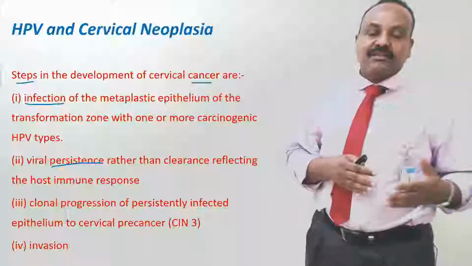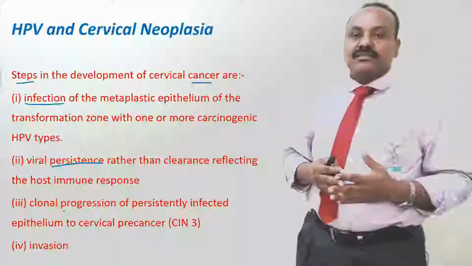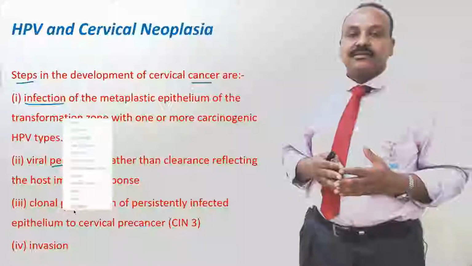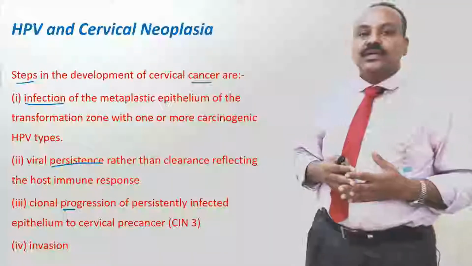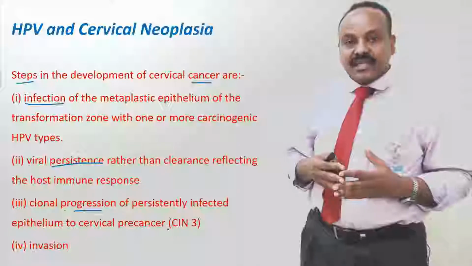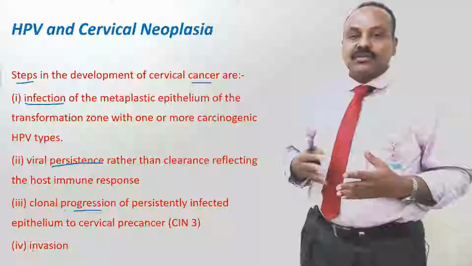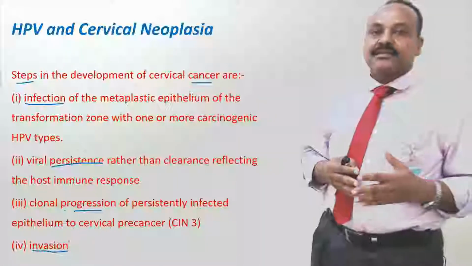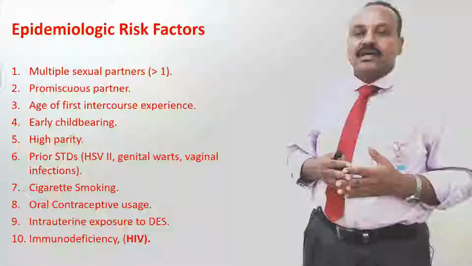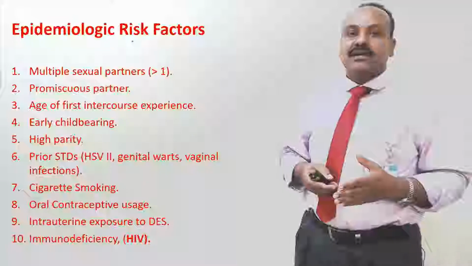Instead of clearing the virus, there is persistence of the virus. After that, the epithelium progresses to a precancerous lesion like CIN1 to CIN3, and lastly to the development of invasive cancer. These are the steps of progression to cervical cancer after infection by human papilloma virus.